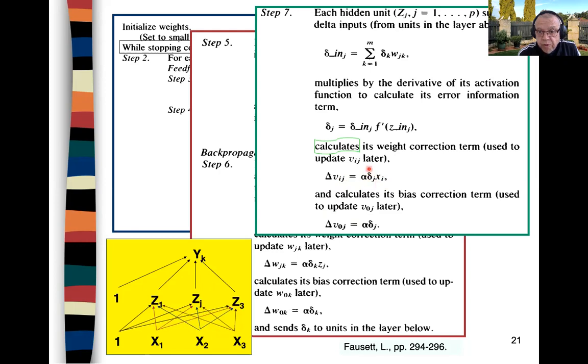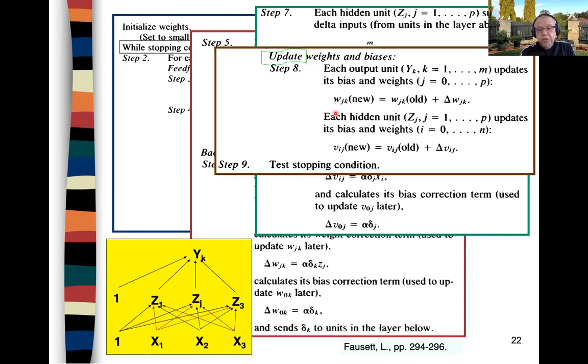So we look for this delta j for that node zj, and we calculate its bias correction term using the same formula, but in this case, the xi is equal to 1.